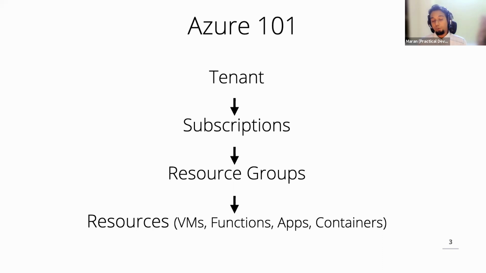And if you want to have the capabilities to create resources and resource groups, then you need something called a subscription. If you go sign up in Azure today by adding your credit card, two things will be created for you by default. Number 1 is the tenant, and number 2 is a subscription.